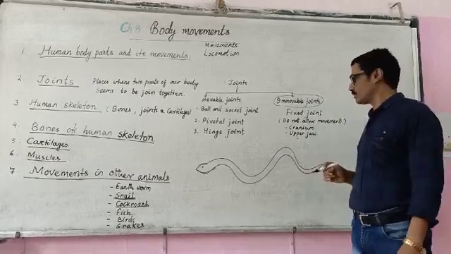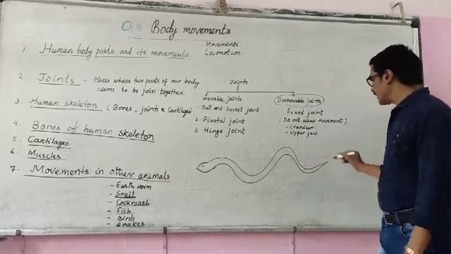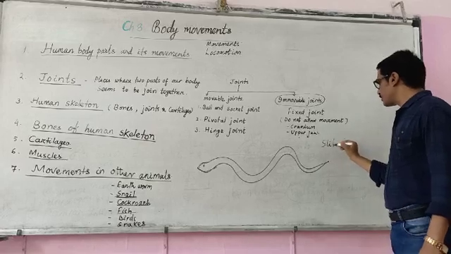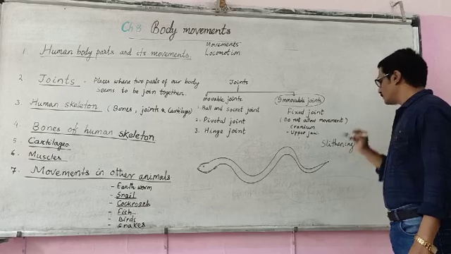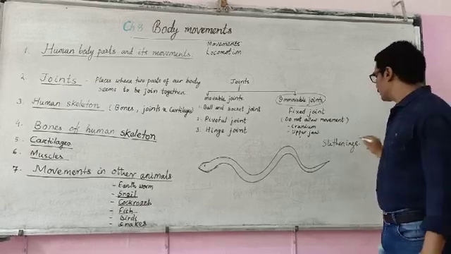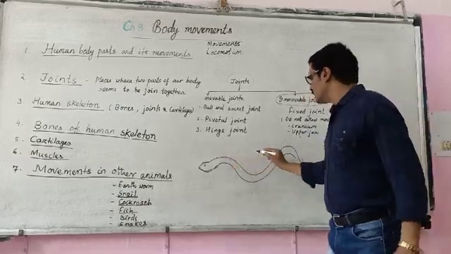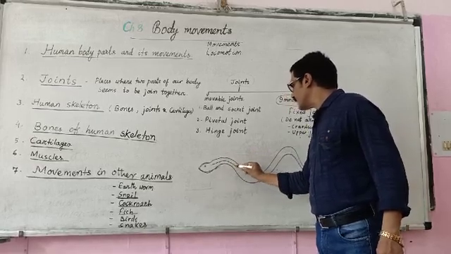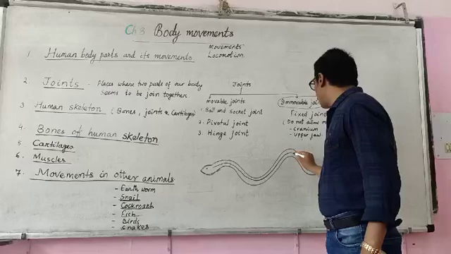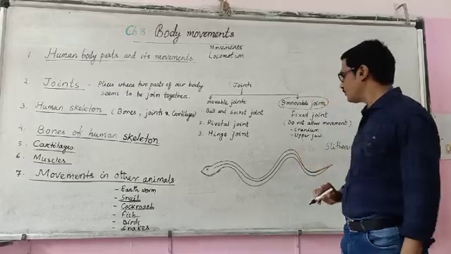How can it move? The movement in a snake is called slithering. It slithers on the ground. As it has no legs, the whole skeleton of the body helps it to move.